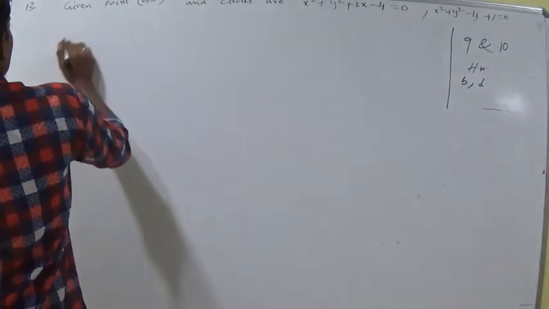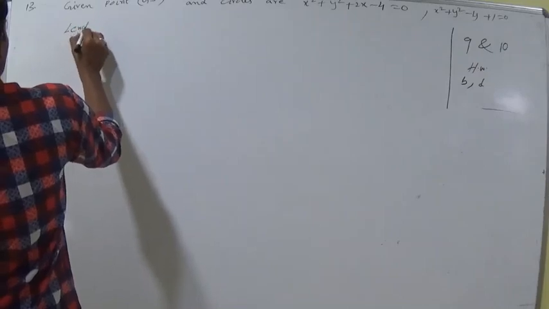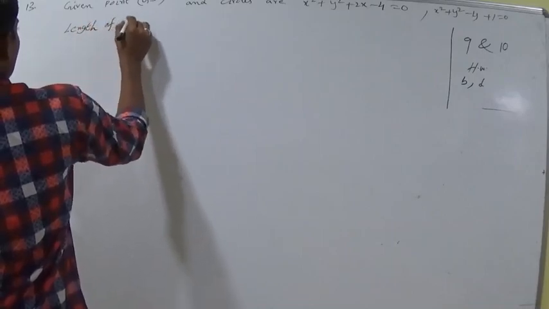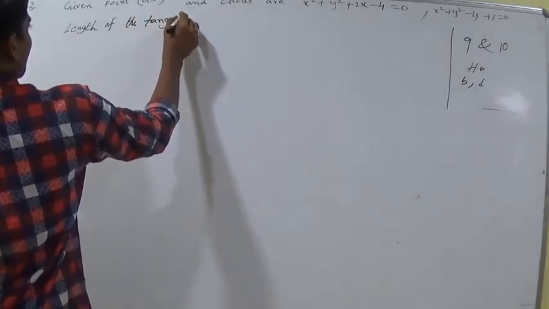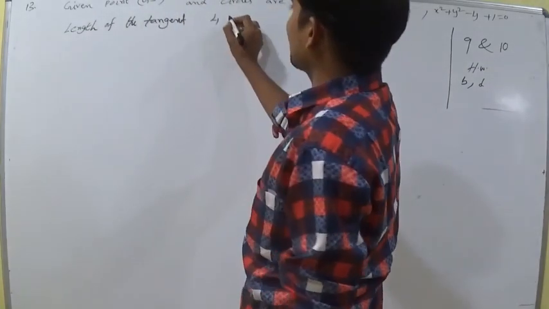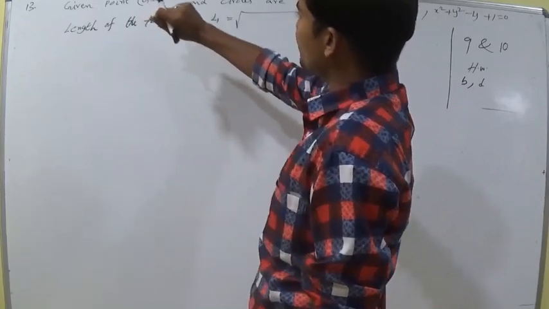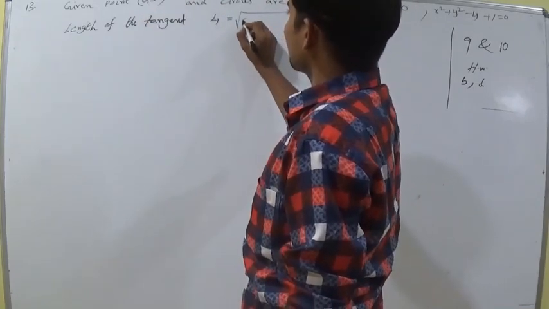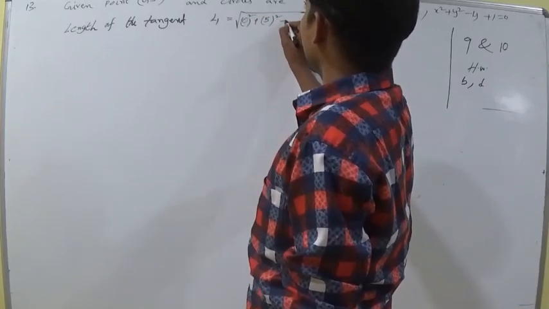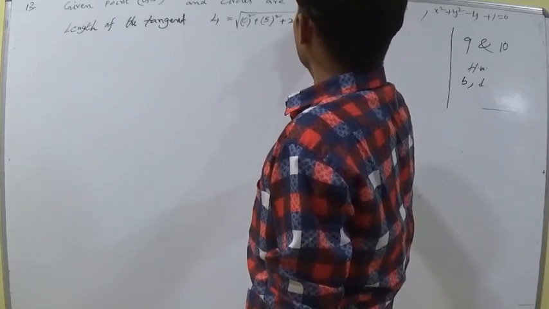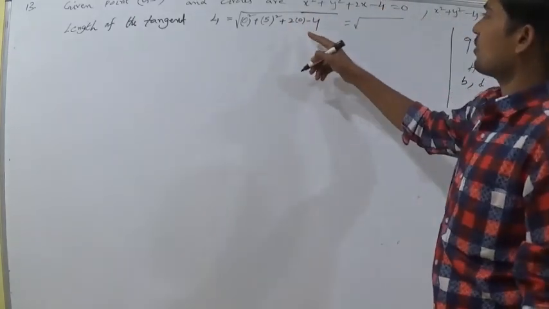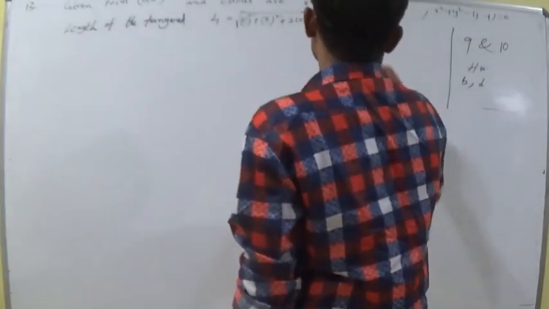Length of the tangent for circle 1, L1, is equal to square root of x1 square plus y1 square plus 2g x1 plus c, the point is the same. So 0 square plus 5 square plus 2 into 0 and then minus 4, which is equal to square root of 25 minus 4, equal to square root of 21.